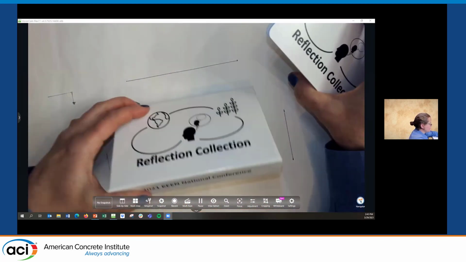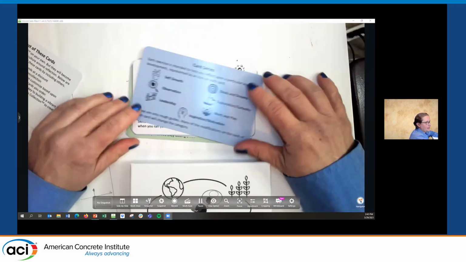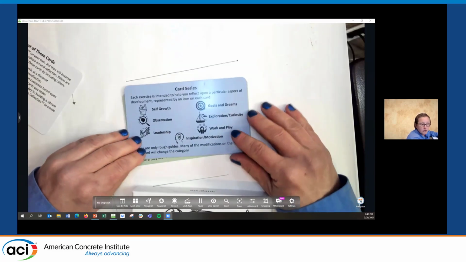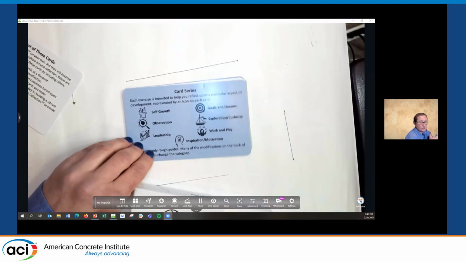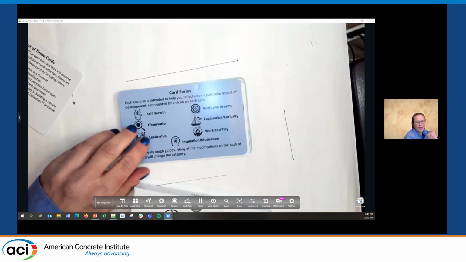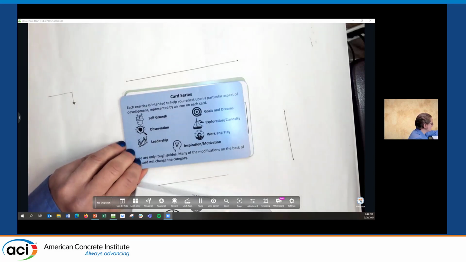Anyway, this is a collection of different cards, and these cards are just a teaching resource, okay? They're developed to help create easy ways to start moving into reflection as a habit, both in our personal and professional lives, but also for students as thinkers.